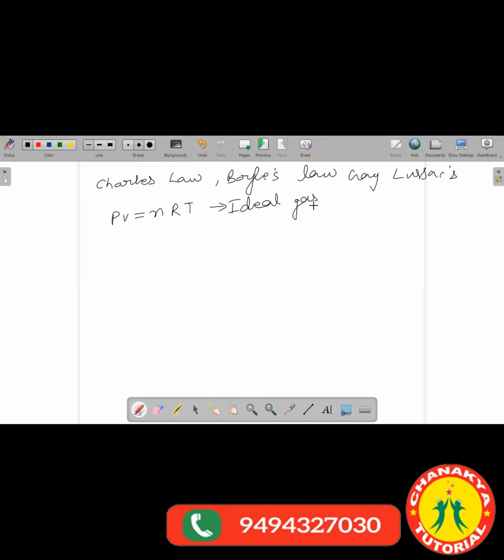We can follow some questions based on them. Then we have got that pressure is given by 1 by 3 rho v squared. This is another formula for pressure. Then we also got one more thing from here, that average kinetic energy is equal to 3 by 2 kT.